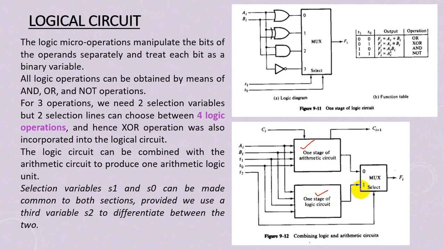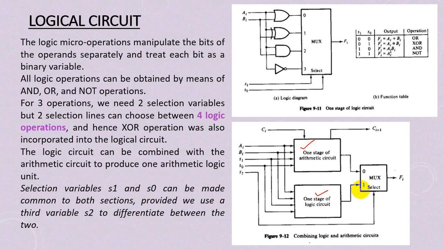How many logic operations can you perform with two selection pins S0 and S1? 4. 4 different logic operations you can perform. And what is the equation of our hardware? Because we are using a single hardware, 4-bit parallel.